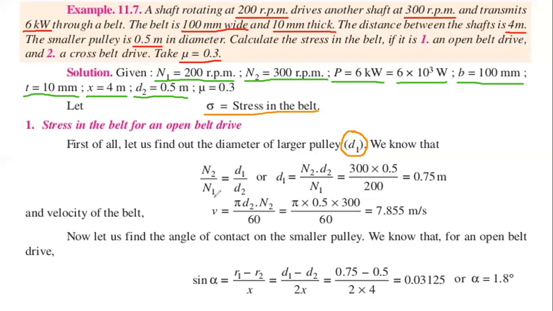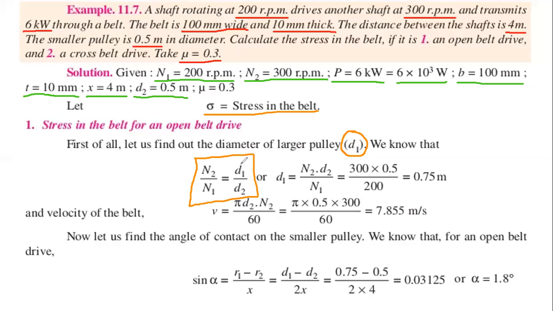Then we have the formula for the open belt drive. Here they have given only the two pulleys. That is why we are taking the formula N2 by N1 is equal to D1 by D2. So this is the formula. They have given the diameter of the second pulley, that is the smaller pulley, and the speeds of both the pulleys.